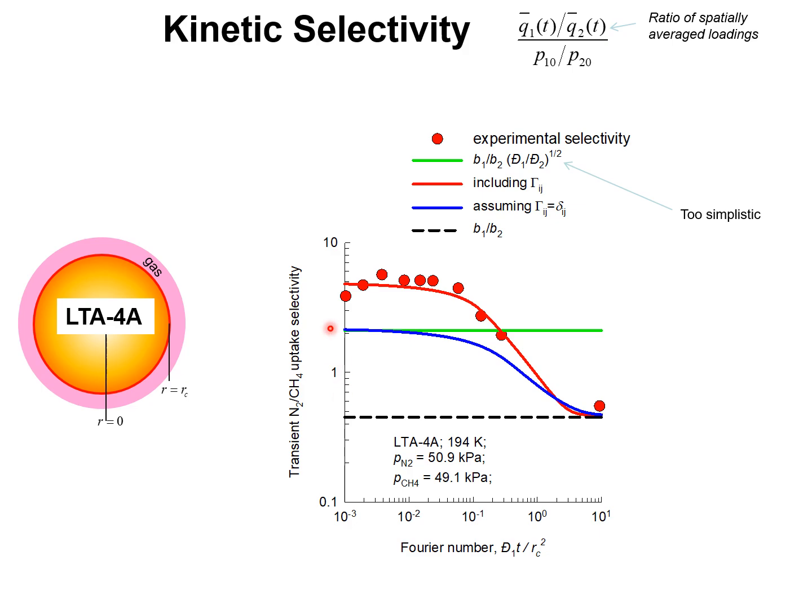For the Hapgood experiments, the transient uptake selectivity determined from this formula is plotted here as a function of the Fourier number.